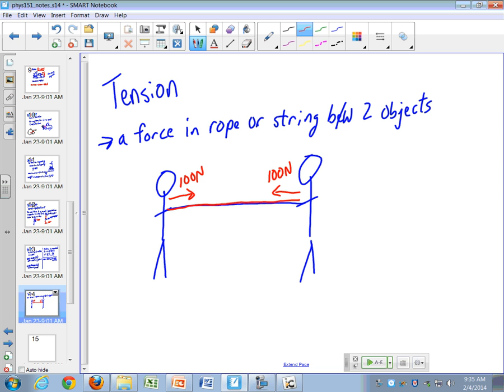And nothing's happening, right? Because we're both pulling with the same force. So my net force, if I add it up, is 0. It's 100 minus 100. It's like the car, except here they add up to equal 0. But what is the tension in the rope?